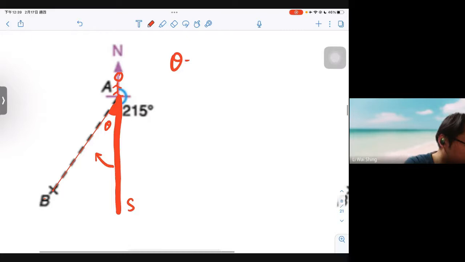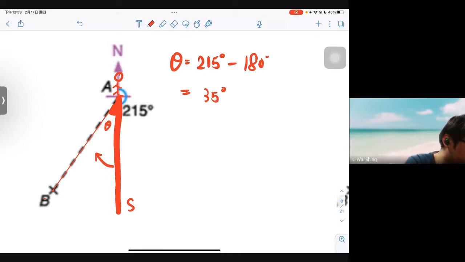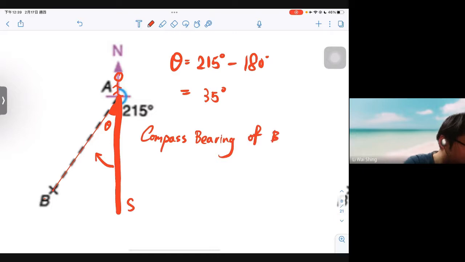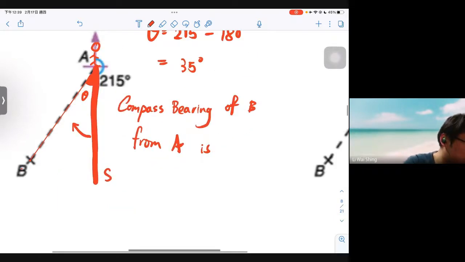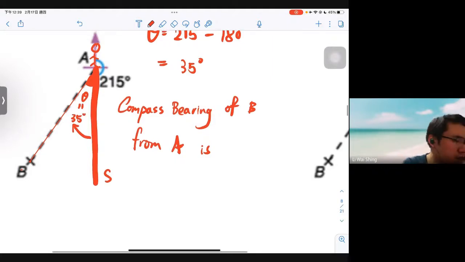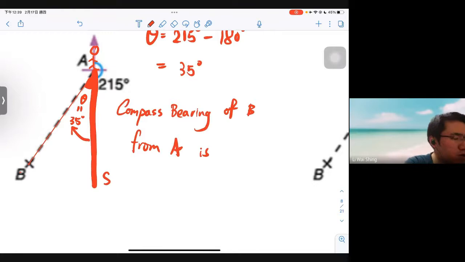Theta would equal 215 degree minus 180 degree. So it equals 35 degree. So the compass bearing of B from A is, okay, you start from south looking at the west in the angle size of 35 degrees. So what would it be?